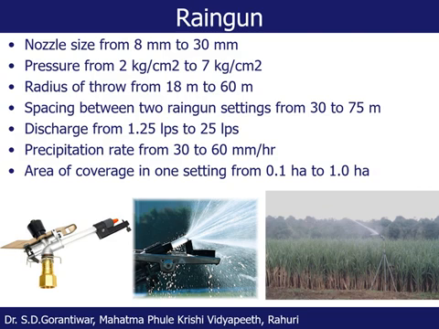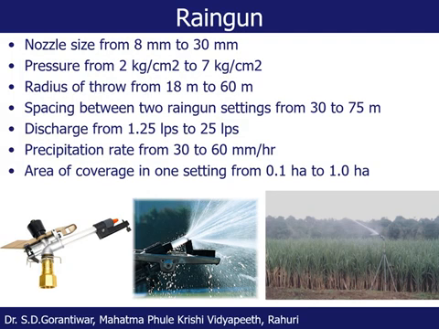It is not possible with a conventional sprinkler or mini sprinkler. In fact, the rain gun is a very big nozzle, as you see from the photograph here. Its nozzle size is huge, 8 mm to 30 mm. It needs huge pressure to operate, up to 7 kg per centimeter square. Its radius of throw is huge, up to 60 meters.